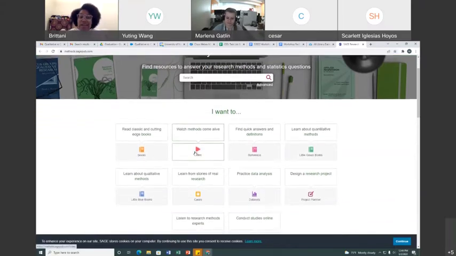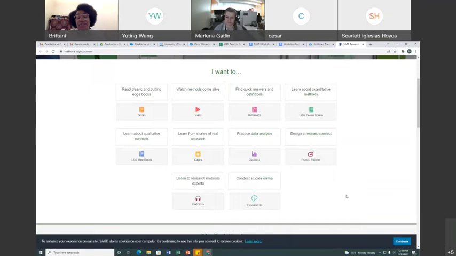There's quick answers and definitions to terminology, which, by the way, I just want to mention, it does not matter how long you've been in school. If you're doing study design and creating original research projects, there's a lot of jargon, so there's no harm in looking through a reference or encyclopedia. You can look through quantitative methods, qualitative methods that I mentioned.